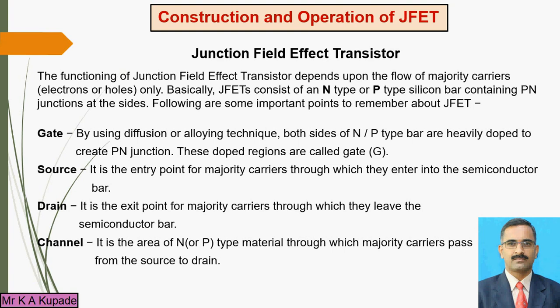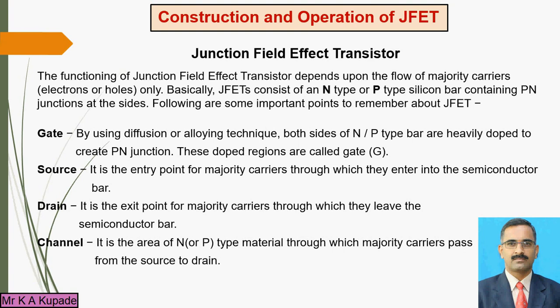Second is the source. It is the entry point for the majority carriers through which they enter the semiconductor bar. That means from the source point, the majority carriers enter the semiconductor bar, and they pass from the source towards the drain region.